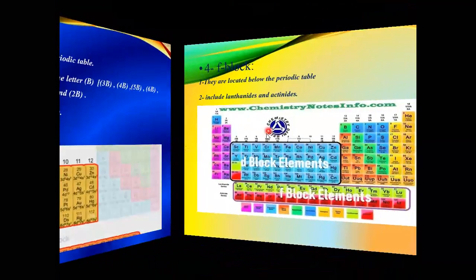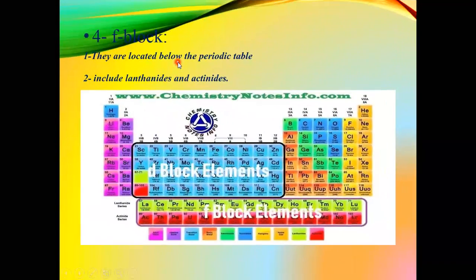آخر بلوك هنتكلم عنه النهاردة هو الاف بلوك. الاف بلوك هو عبارة عن two periods بسيط أو they are a part of this period actually. لكن هما مجموعتين اتنين. المجموعتين هما lanthanides and actinides.